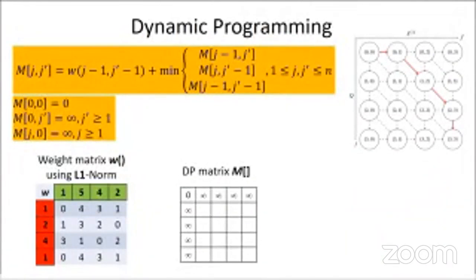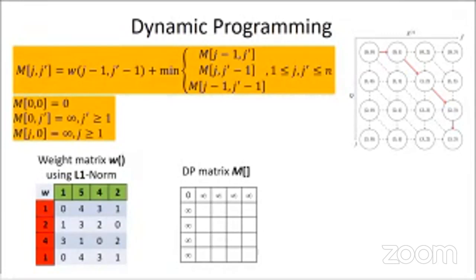The cost of the optimal warping path can be computed by dynamic programming. Here we see the recurrence relation of the dynamic programming computation, where you compute a two-dimensional matrix M, and the value M(i,j) in this matrix can be computed by choosing the minimum of the left neighbor and upper left neighbor, and adding the weight at that position to this minimum.